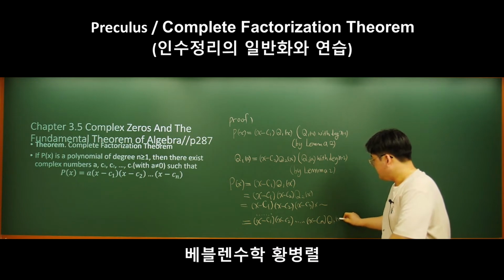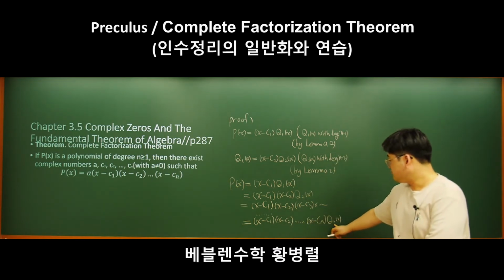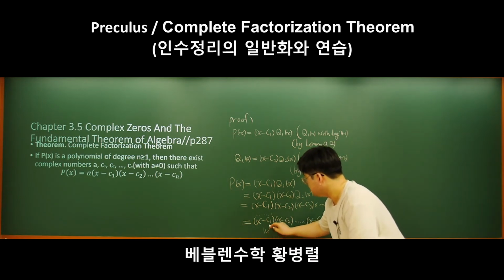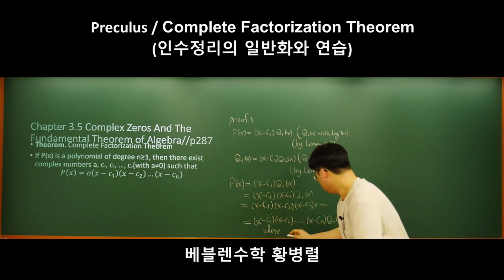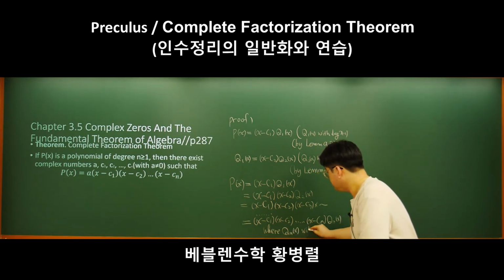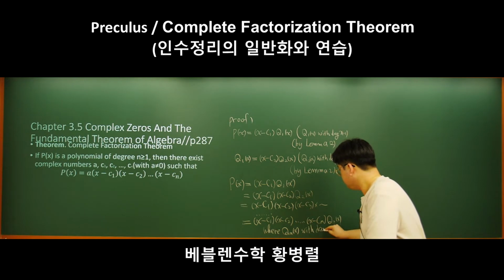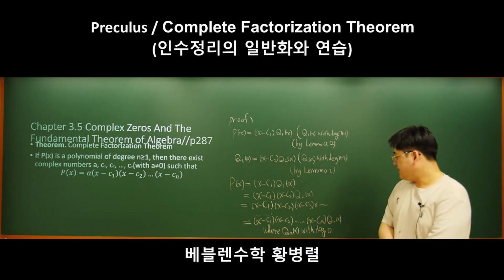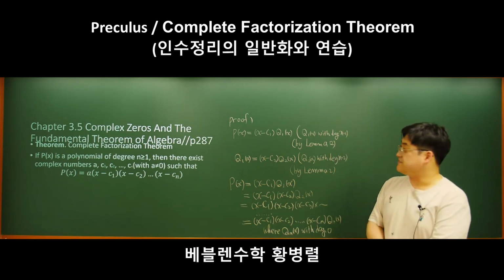By lemma 2, qn(x) has degree 0. Degree 0 means constant.